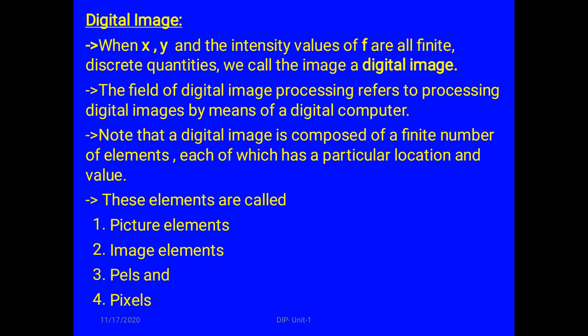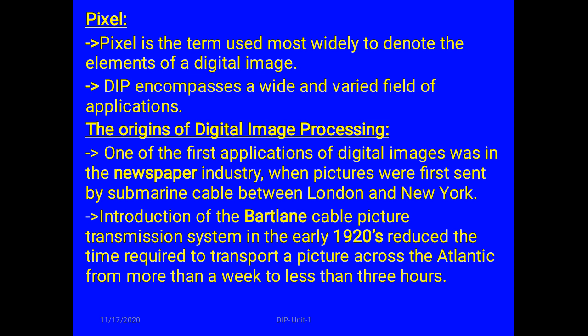These elements are called picture elements, image elements, pels and pixels. Pixel is used to denote the elements of a digital image. So DIP encompasses a wide variety of fields of applications.